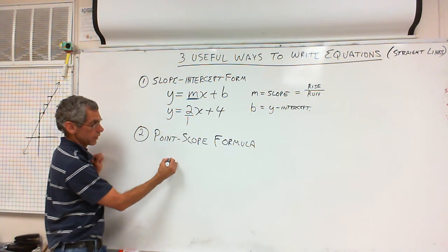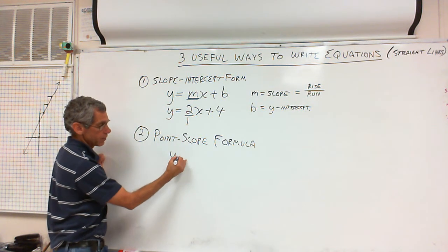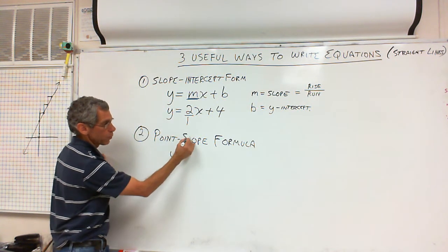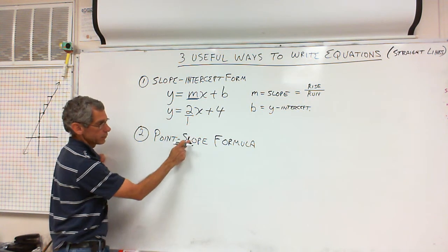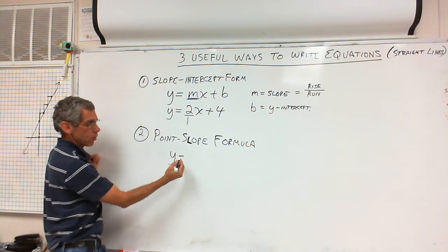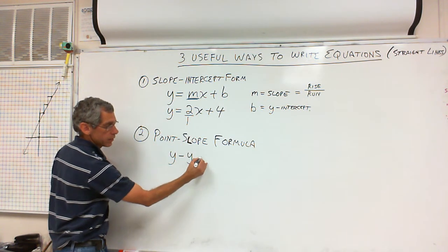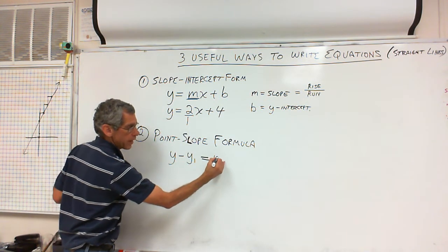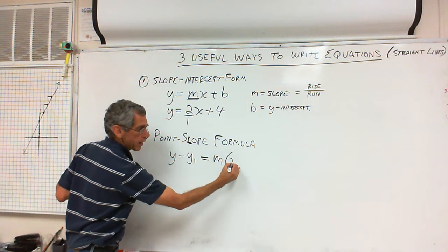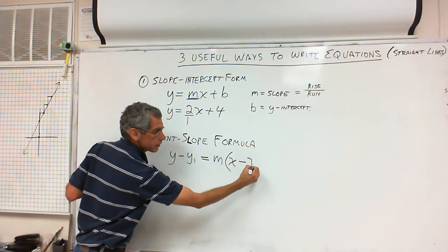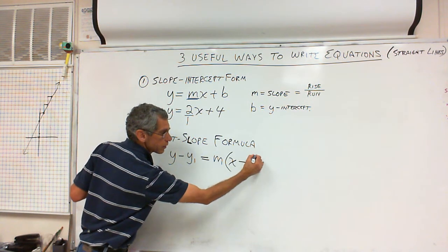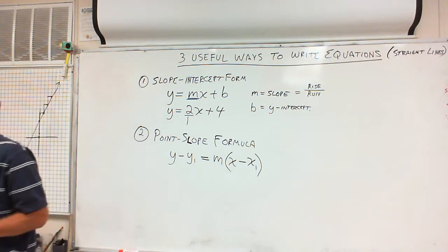Here's the formula: y minus y sub 1 is equal to m times x minus x sub 1. So write that down.